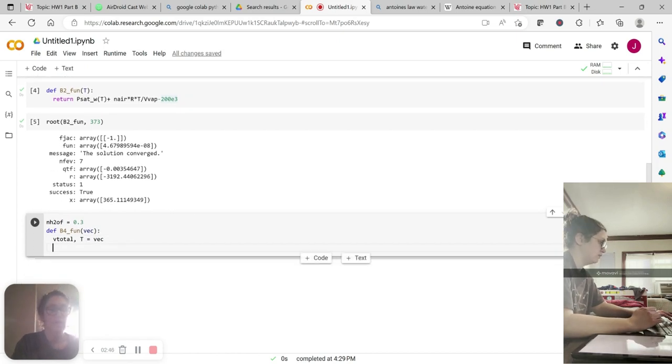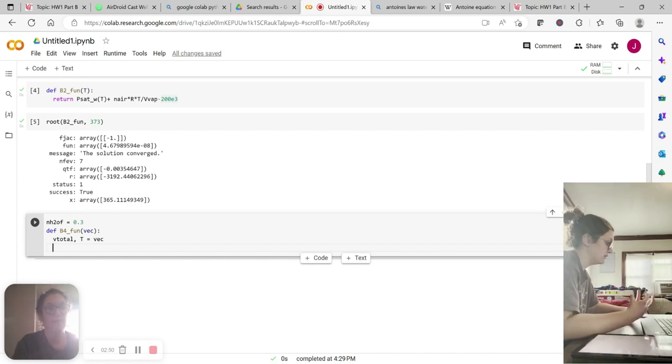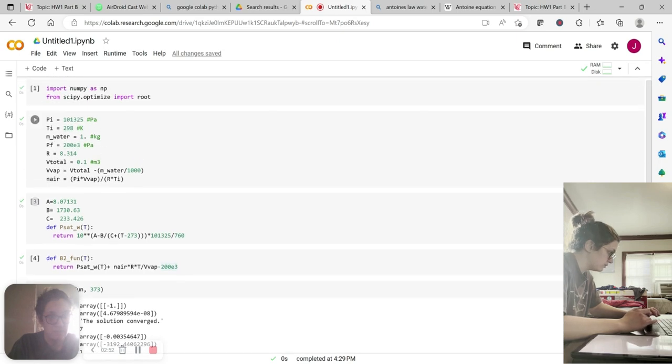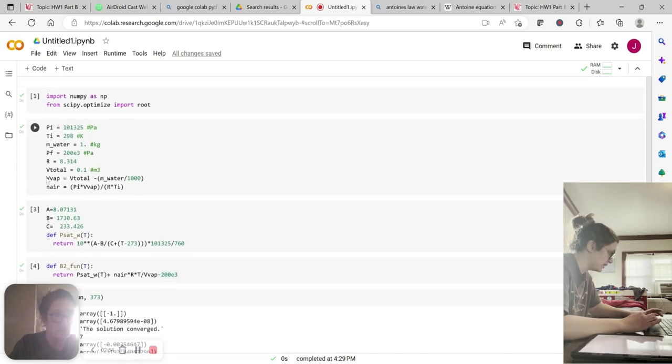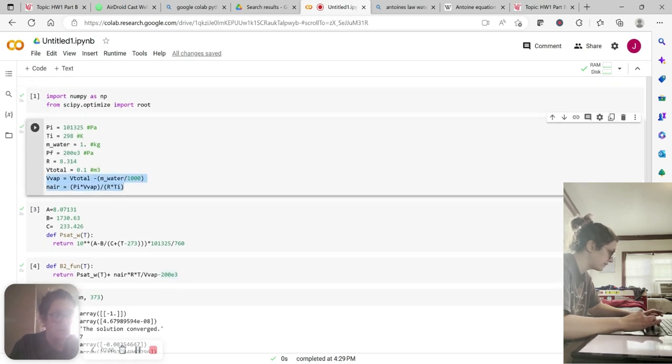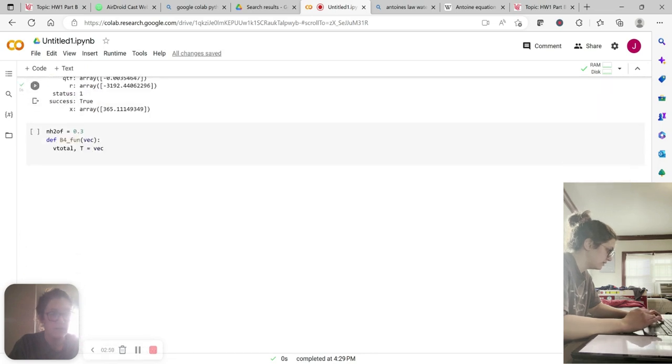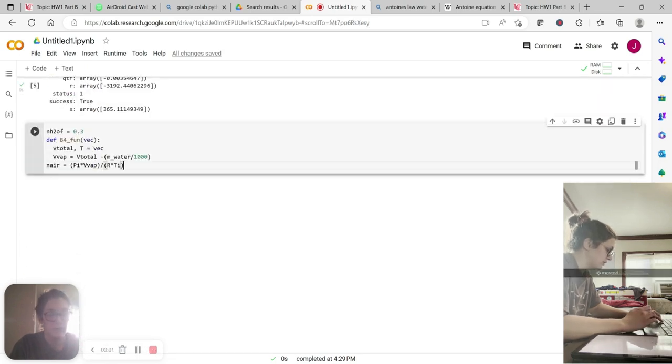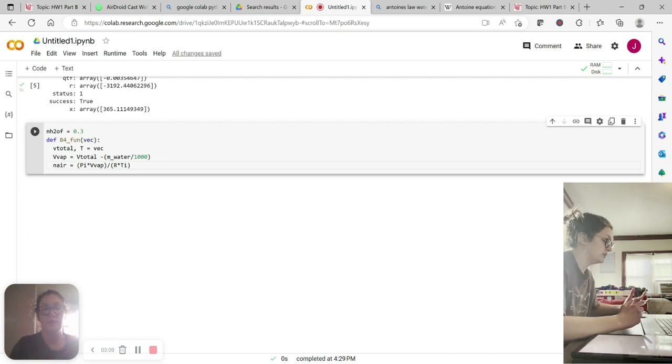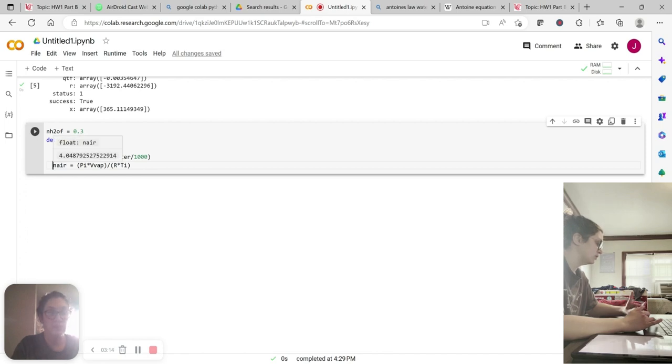And then we do need to take some things that were previously outside of the function and put them inside of the function. So these two things are these equations. We're going to insert them here within the function. And the reason for that is that since the total volume is no longer constant, it could be different every time. These need to be within the function because they are dependent on the total volume.